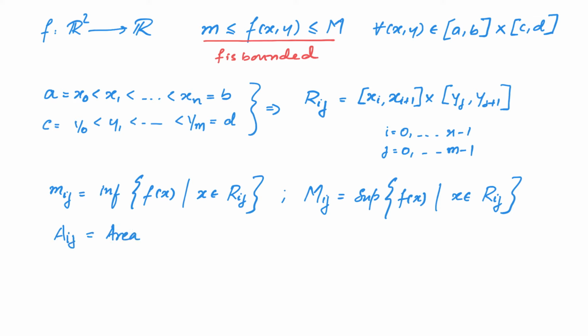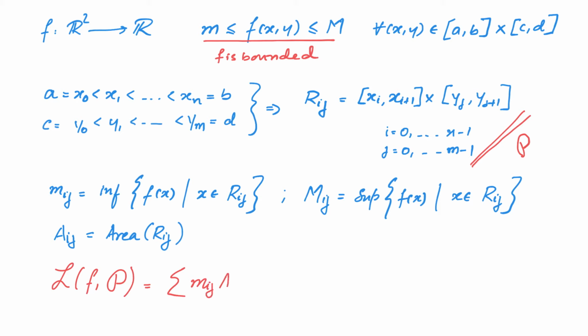If A_ij is equal to the area of R_ij and P is the partition, then define L(f, P) equal to the summation of m_ij A_ij, where i varies from 0 to n minus 1 and j varies from 0 to m minus 1. And define U(f, P) to be equal to the summation of capital M_ij times A_ij.